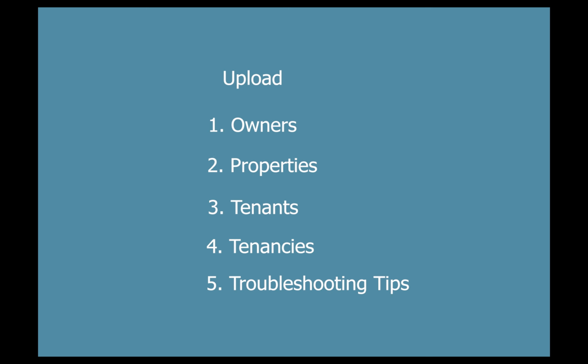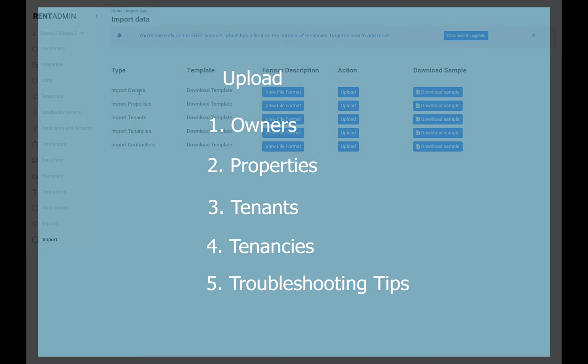Tenants or applicants. After that, we'll cover how to import tenant or applicant data, ensuring a seamless transition of records. Tenancies. Lastly, we'll tackle importing tenancy information, bringing everything together to complete the setup. By following this order, you'll have a clear and straightforward path to successfully uploading all your data into RentAdmin.